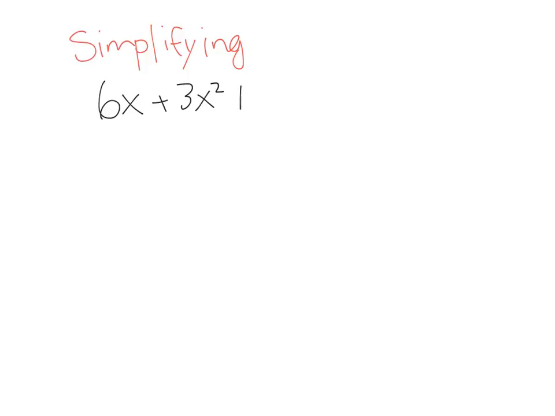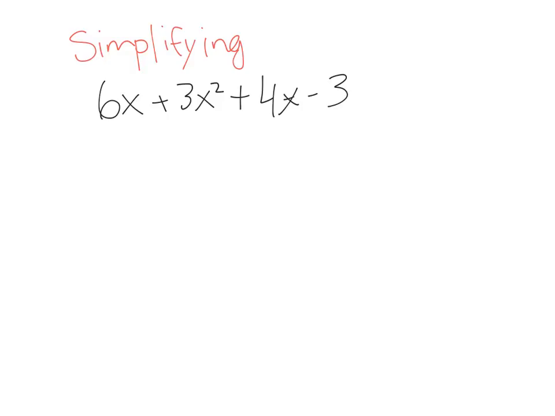So as I mentioned here, we're going to be looking at simplifying. So simplifying means you have an expression, you're working with an expression, not with an equation. That is, there's no equal symbol in it. Okay, so we'll do a pretty easy one to start us off. We have 6x plus 3x squared plus 4x minus 3.